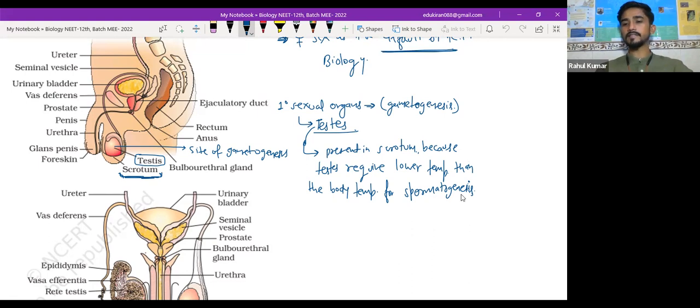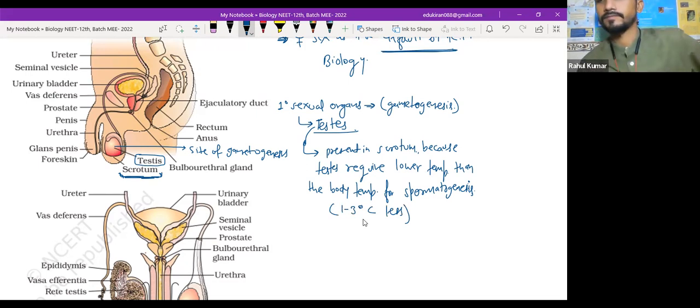If it's 37 degrees Celsius, what should be the temperature of testes? It should always be 1 to 3 degrees less. So it should be 34 to 36, right? 34 to 36 degrees is the optimum temperature for spermatogenesis. Is it clear?